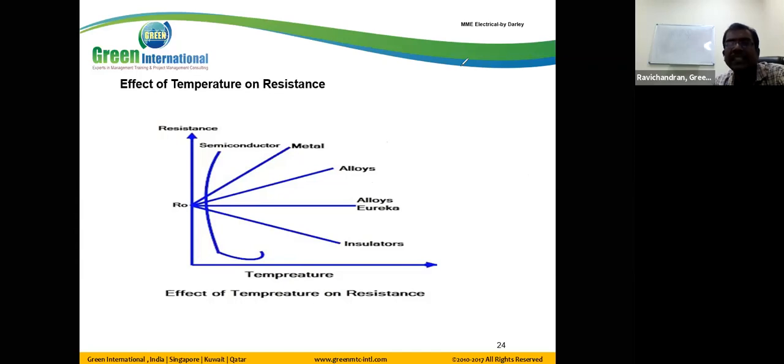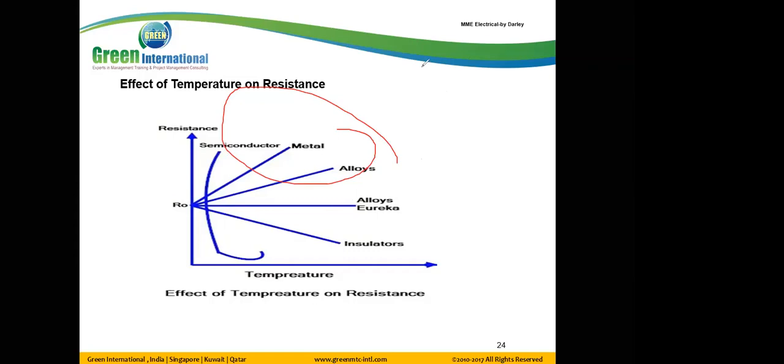Now we are discussing the electrical subject. For circuit theory as well as in DC and AC machines, we are using the positive temperature coefficient metal. So we are using this area alone. In the electronics topic, we will discuss this area once again in detail.